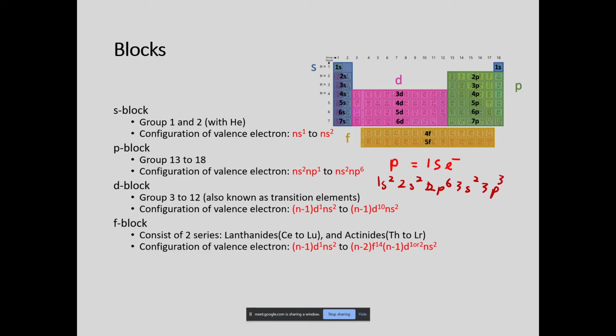Okay, untuk blocks, you guys akan tengok yang last kita isi, yang terakhir, which is 3p. So maksudnya dia dekat block P. Kalau you guys tengok phosphorus is here. So dia duduk dekat block P. So kita isi elektron dekat yang terakhir is P.